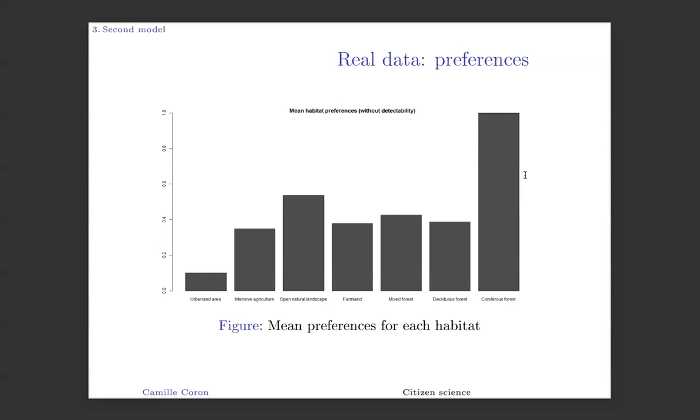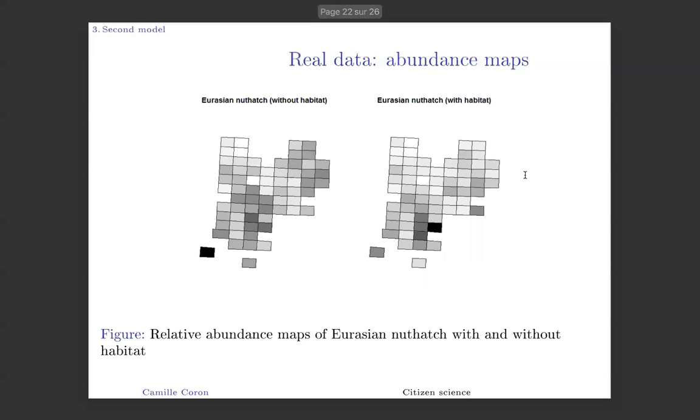And here, these are forests. It's a better habitat for birds. And we can do this species by species. And finally, we can make some relative abundance maps, and you see that these maps are different whether we include the habitat structure or not. This is for a special species.